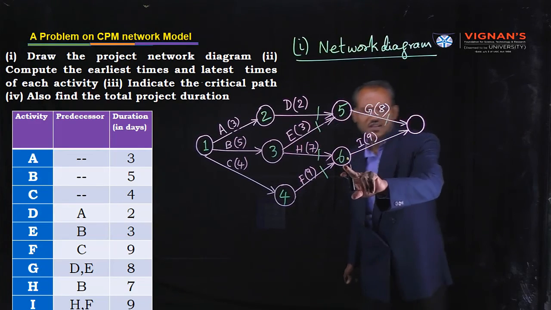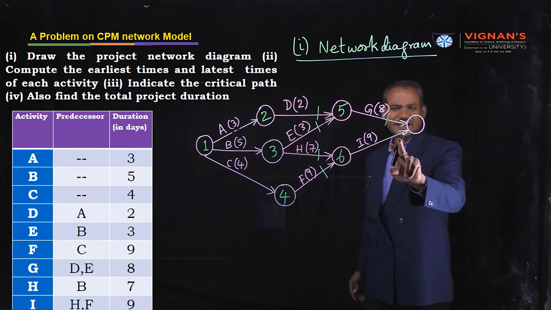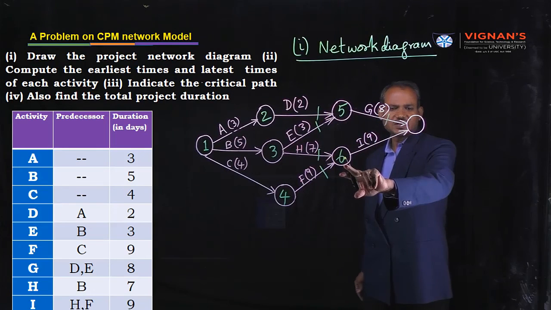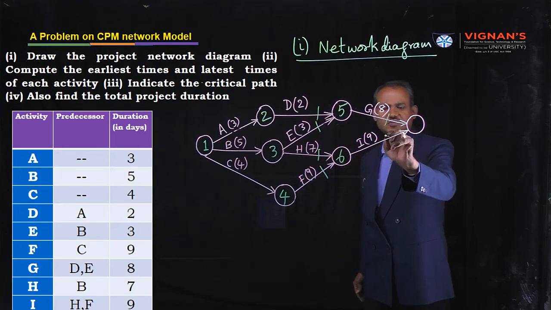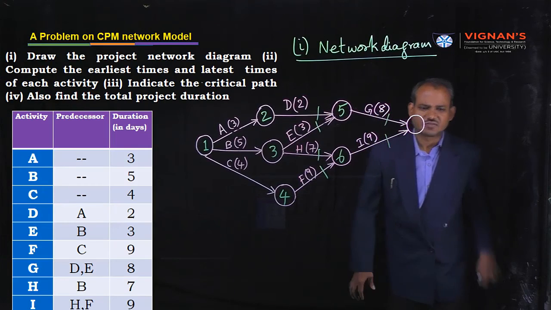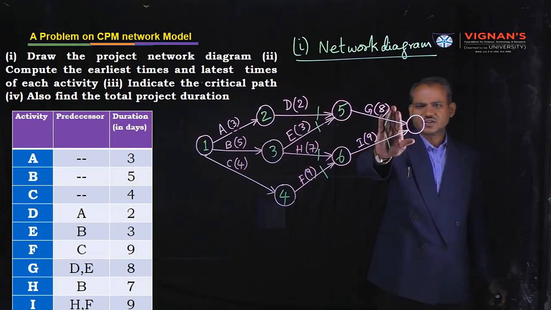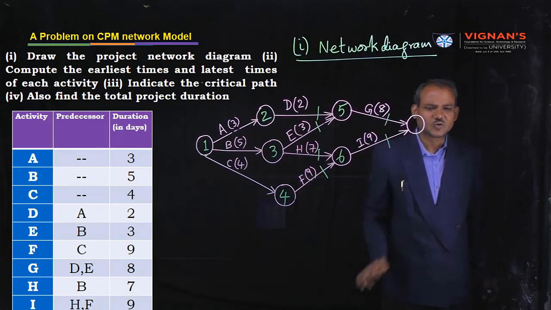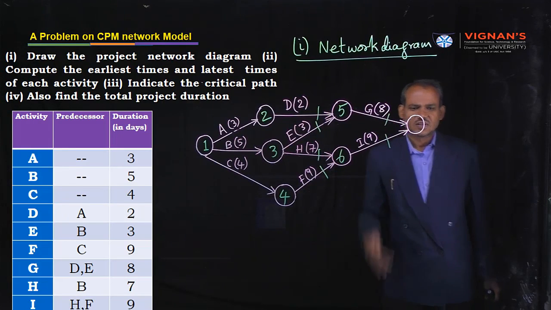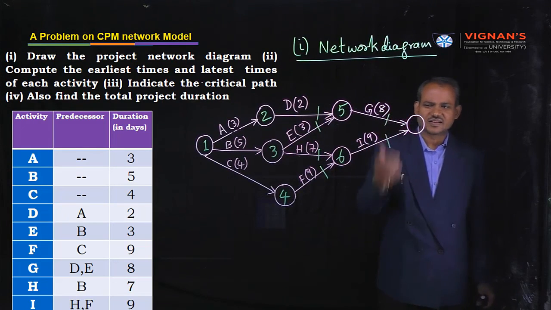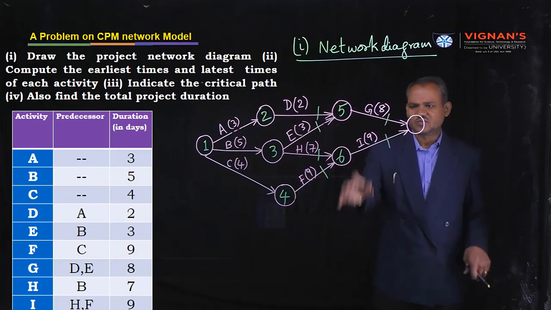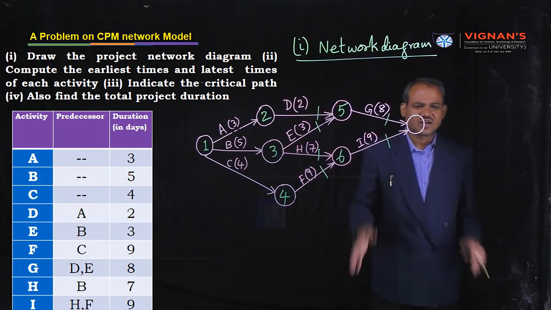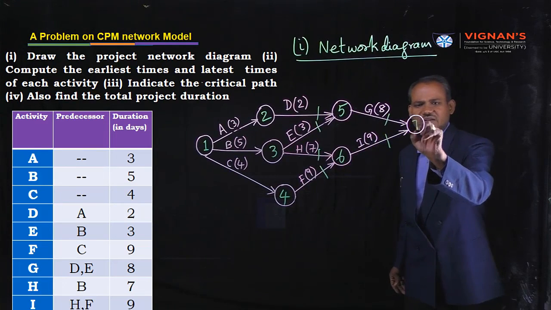Therefore, consider the arrow coming from node number 6 and remove it. What happened? Now entering arrows are not there, so it will create a new initial event. Then assign the numerical value. 6 is over, next numerical value is 7.